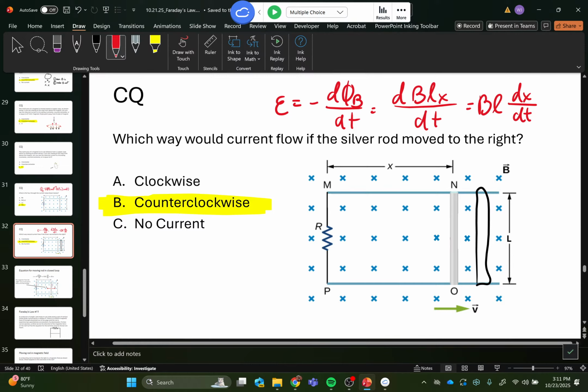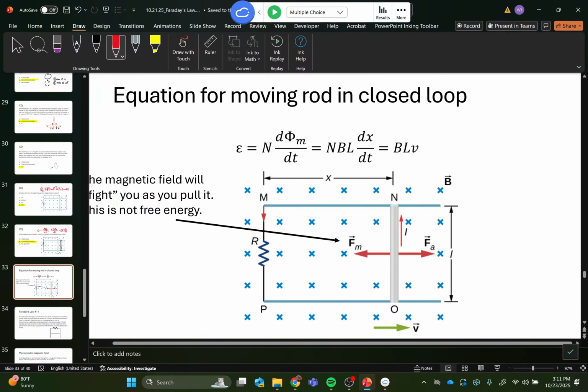The rate of change of position with respect to time. It's velocity. We derived the expression for the voltage in this circuit. So when this rod moves to the right, we get an EMF that's just BL times V, and it comes from the rate of change of flux.